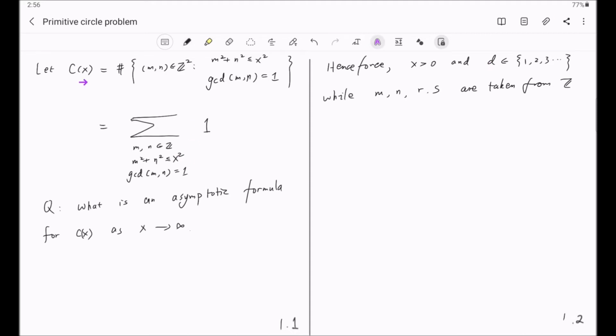Okay, we'll start with this definition of c of x. C of x is equal to this summation.